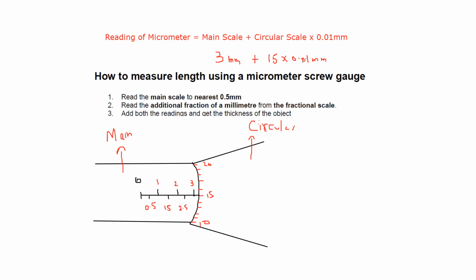So first I should multiply these two numbers. 15 multiplied by 0.01 is 0.15, and 3 plus 0.15 gives 3.15 millimeter as our answer. Is it clear how to read a micrometer?